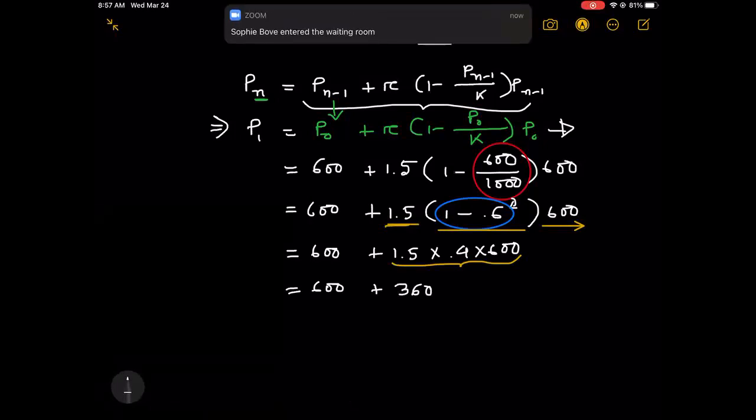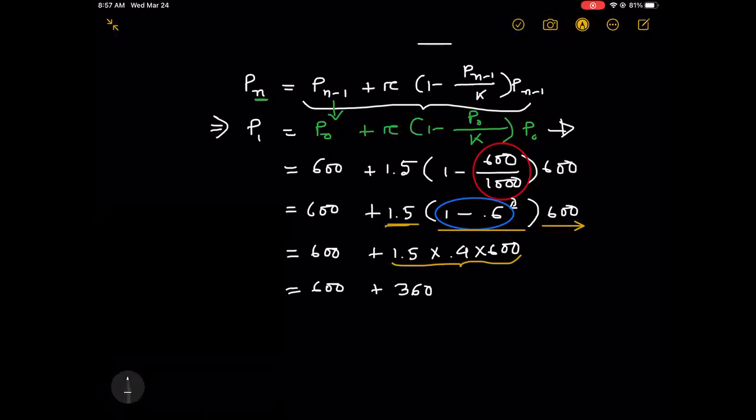We can cross-check your work and maybe we can find where you got it wrong. And now, if we just add these two, we'll get 960. And this is nothing but P1.